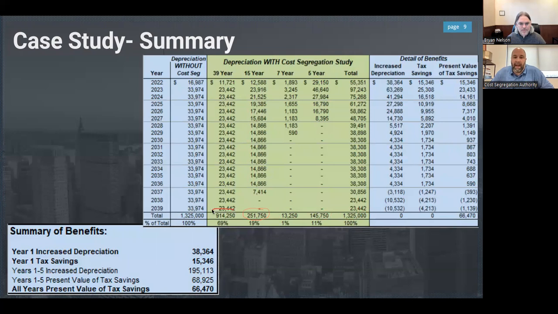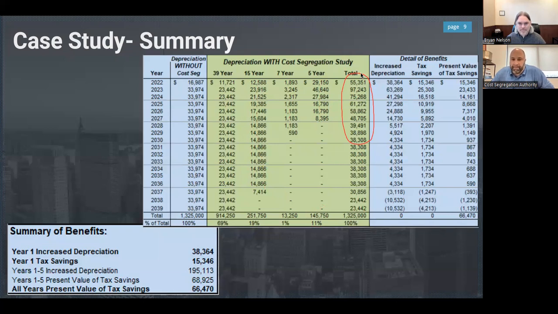The rest of it, in this case about 69%, remains in that long-term 39-year category. But that $145,000 worth of 5-year assets, we now get to depreciate over 5 years versus 39 years. Our 7-year assets over 7 years, our 15-year assets over 15 years. And over here on the right-hand side, this is our new depreciation amounts going forward.